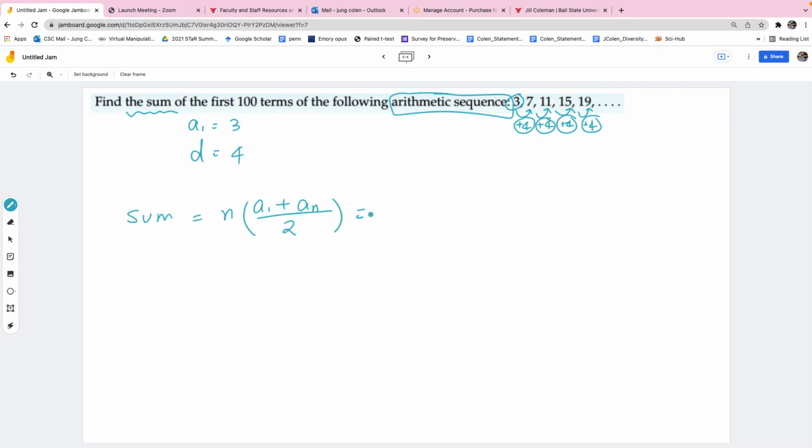Remember that? So how many numbers are there? Well, it says first 100 terms. So we are having first term through 100th term, and our n should be 100 then, right? So we have 100 times the first number 3 plus the 100th number, a sub 100, over 2.